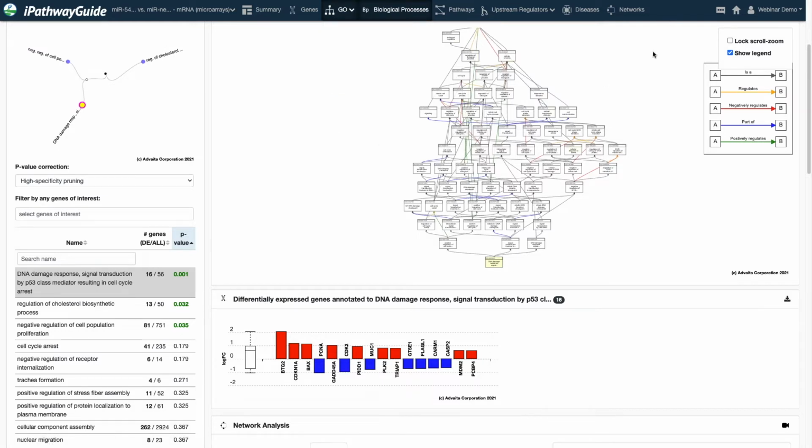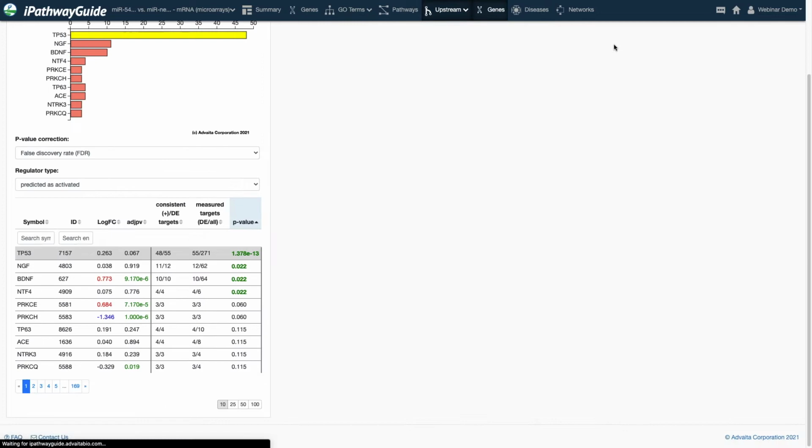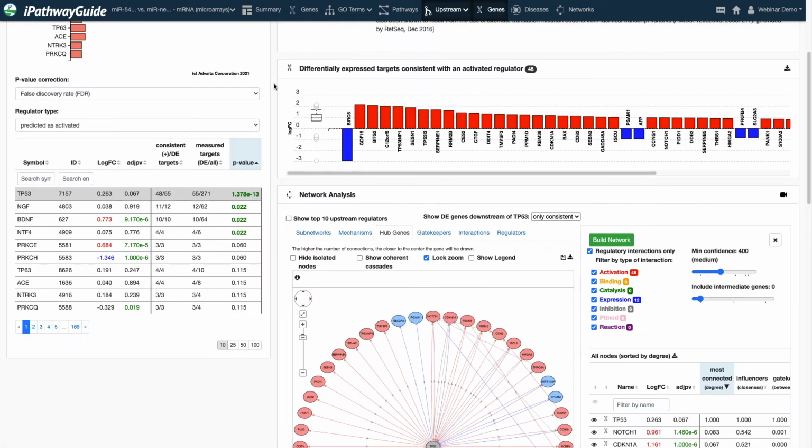Let's look at upstream regulators and chemicals. So we have a database of interactions between genes, and some of those interactions are directional.